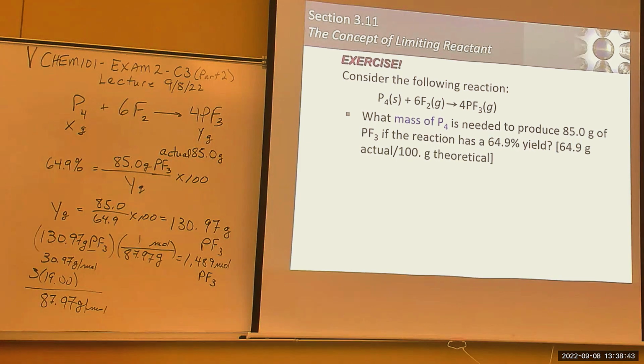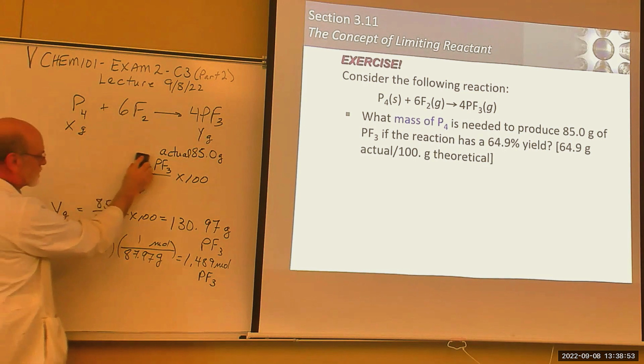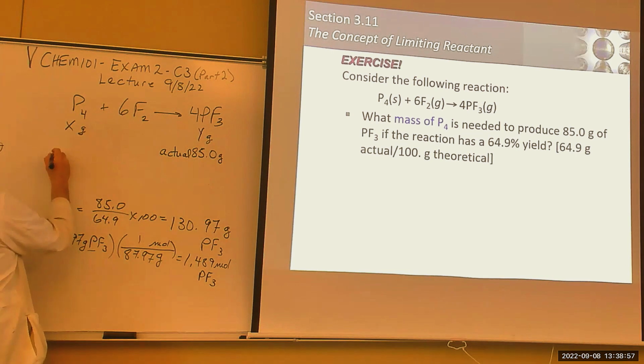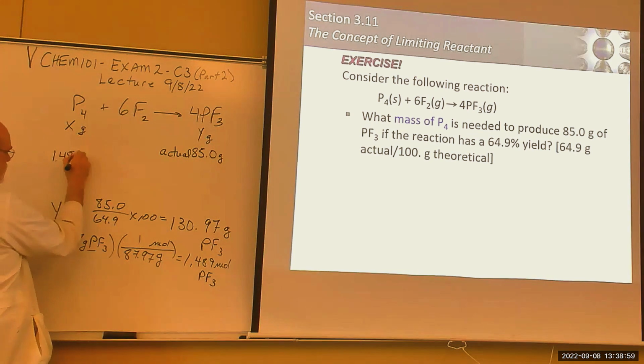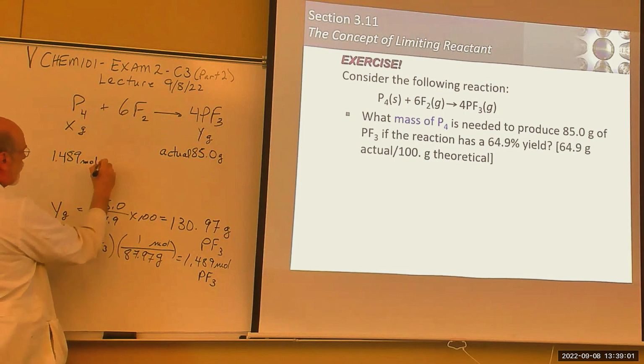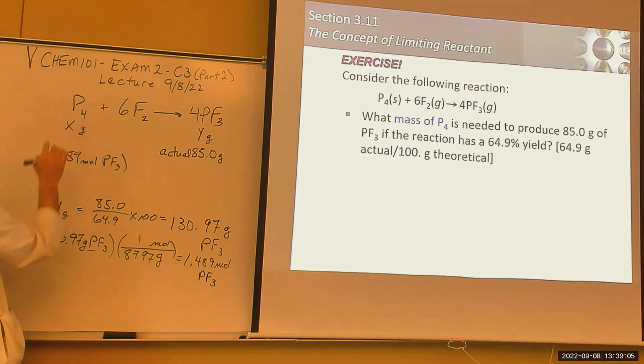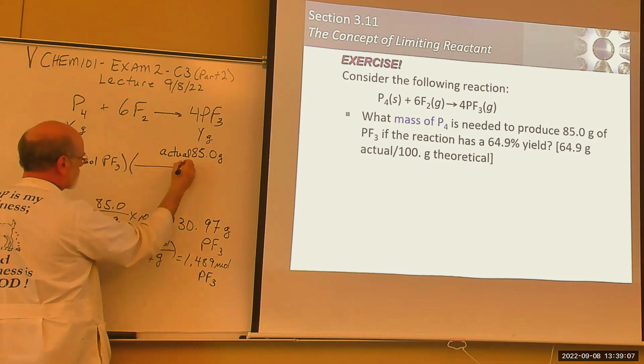I can hear brains sizzling right now. Okay. So I'm going to have to erase some of this so I can make that conversion. So we have 1.489 moles of PF3, but we need to convert it to P4. So what's the magic numbers here?